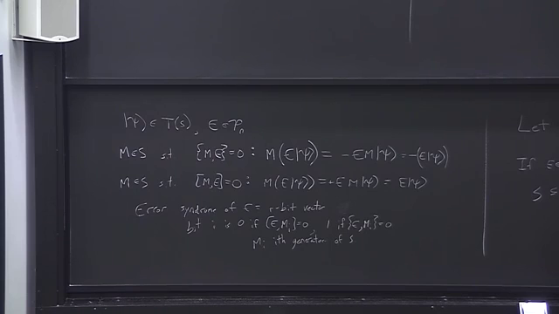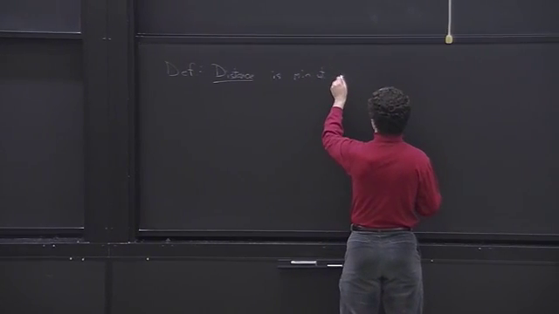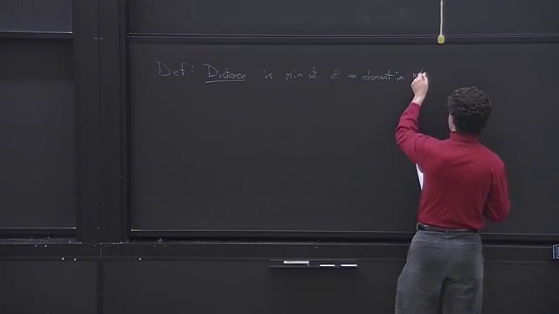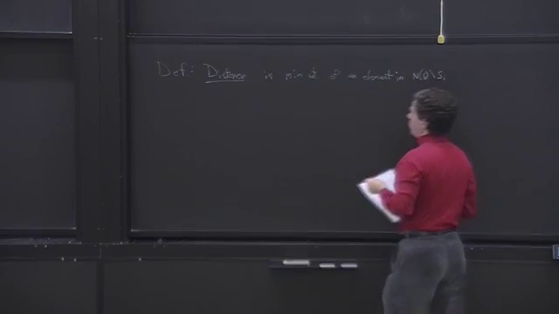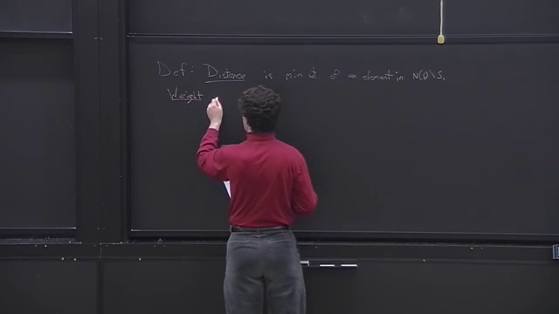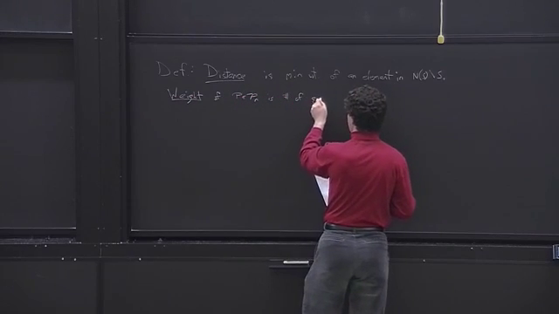So we can then make some definitions. The distance of a stabilizer code is the minimum weight of an element in N of S minus S. And the weight, by the way, I guess I may not have mentioned this before, of a Pauli is the number of qubits it acts non-trivially on.